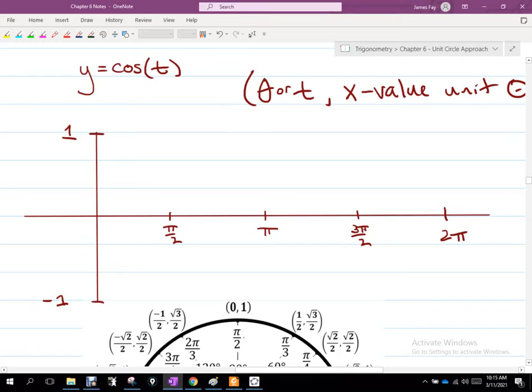Have we done anything different than what we did with the sine function so far? No, they're identical. The structure of the graph is identical. Now, when we construct ordered pairs here, we still construct the ordered pair that has a radian measurement, or theta, or t, however you want to view it, as 0.